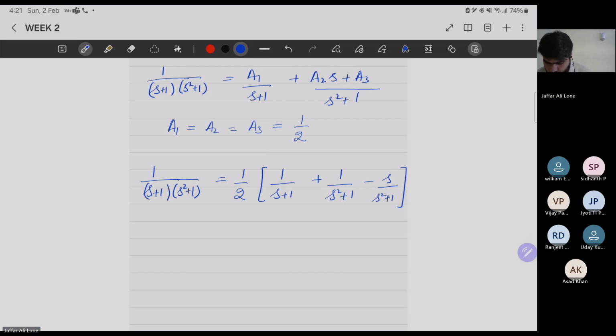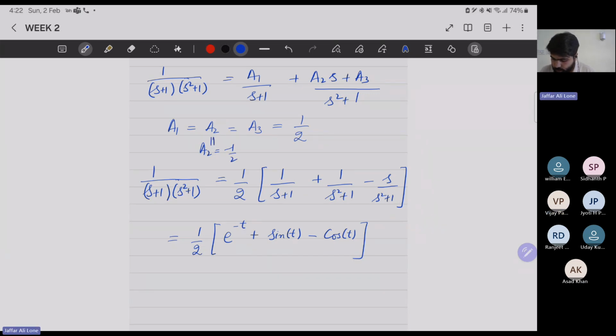On solving, you get the convolution finally as 1/2 times (e raised to the power minus t plus sine t minus cos t). The sign of a2 is minus 1 by 2, a3 is this, and a1 is 1 over 2.